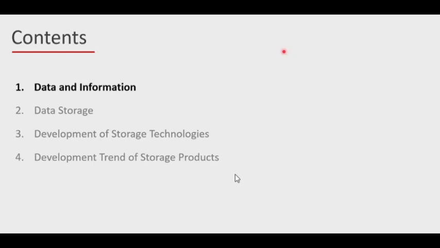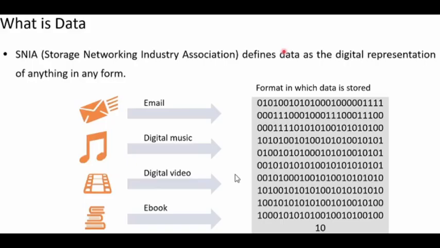So what is data in storage? It's simple. Data is basically the digital representation of any kind of internet software you use, right? So any kind of application and all this stuff. Basically the format is 1s and 0s.